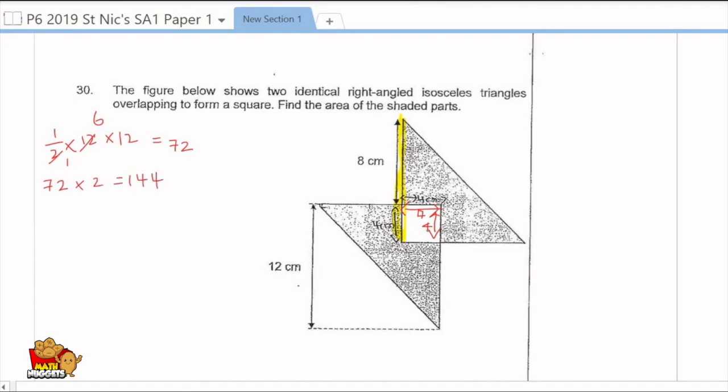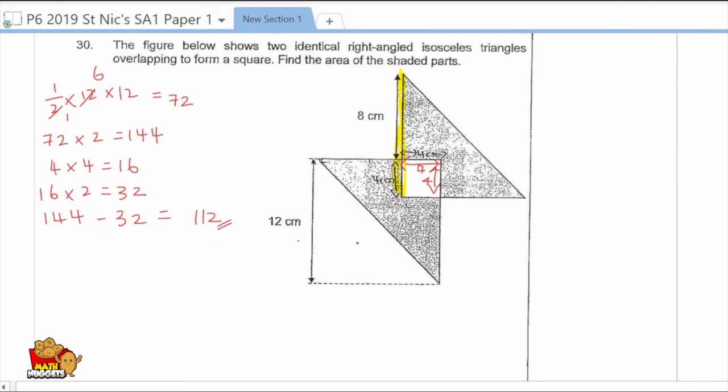And I need to take away 2 of the small squares in there. So 1 small square is 4 times 4. 2 small squares will be 16 times 2. So if I take the 2 triangles minus the 2 small squares inside, that will give me 112. That's the answer for question 30.